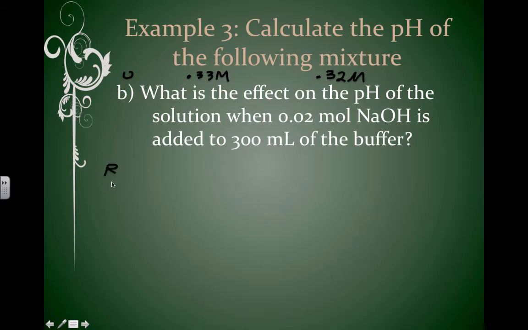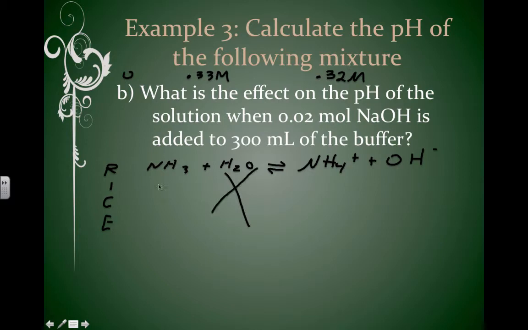So now let's look at our buffer system once we have disrupted our buffer by adding sodium hydroxide. So now I've got ammonia in my water, and we still have ammonium ions in our buffer and some hydroxide ions that will be formed by the dissociation of this base.